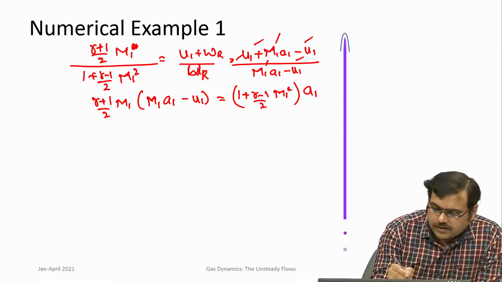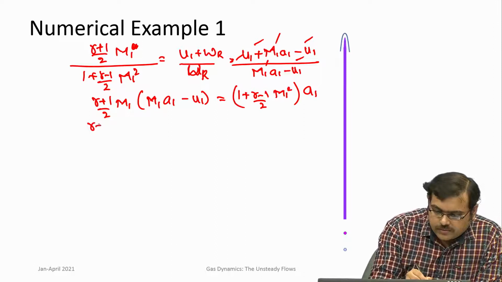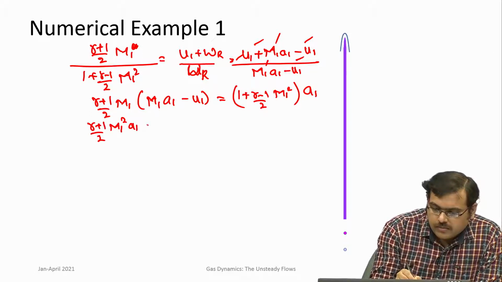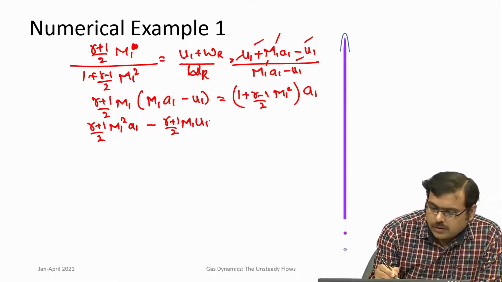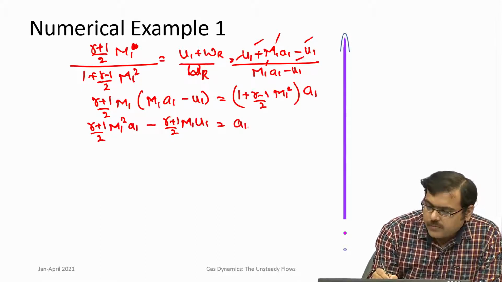So now we can write this, (gamma plus 1) by 2 m1 square a1 minus (gamma plus 1) by 2 m1 u1 is equal to a1 plus (gamma minus 1) by 2 m1 square a1.